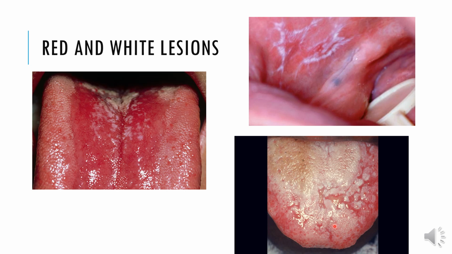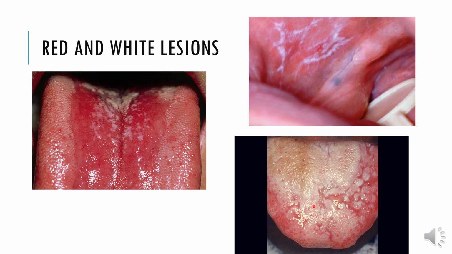This image here is again rather confusing. You can see that there is an ulcer here, an irregular ulcer, but there's also a thick coated white tongue and some irregular red and white areas. So as soon as you see that there's an ulcer with irregular red and white areas, your thought process should go towards ulcerative vesiculobullous disorders.